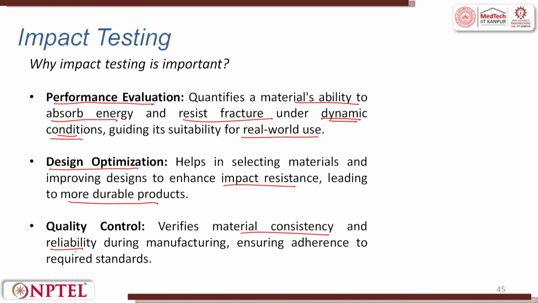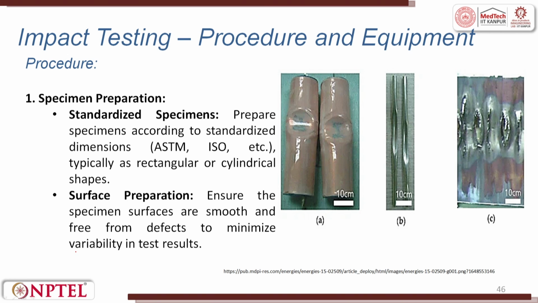Let us go through the procedure. First is specimen preparation. Based upon the ASTM or ISO standards, the specimens are prepared. For surface preparation, the specimen surface roughness has to be smooth and free from defects so that there is no variability. Some specimens shown here have gone through impact testing.